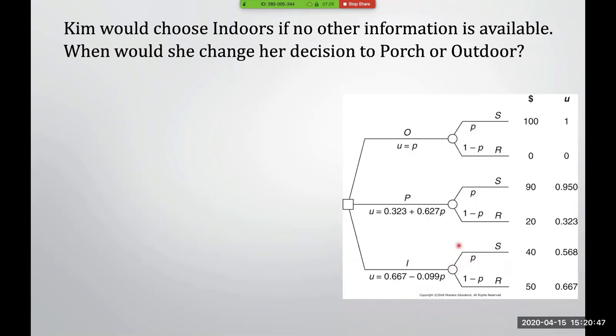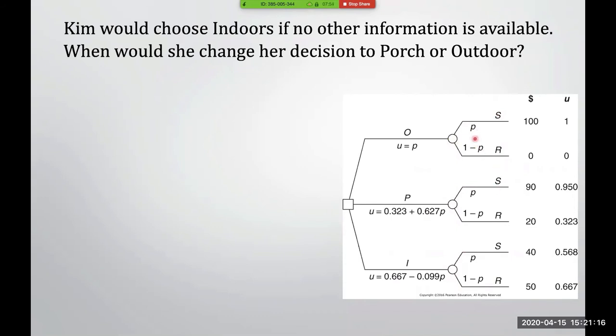In order to do that, we need to figure out the U value of each uncertain deal for P. And the way to do that is just to apply the formula to find the U value of an uncertain deal.